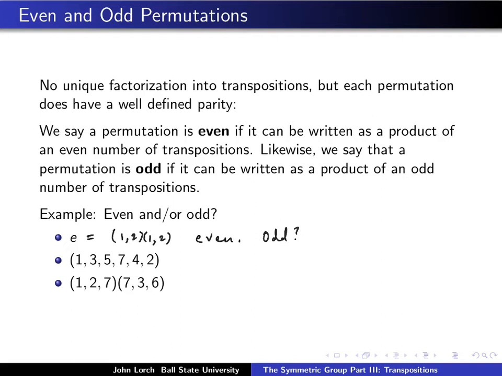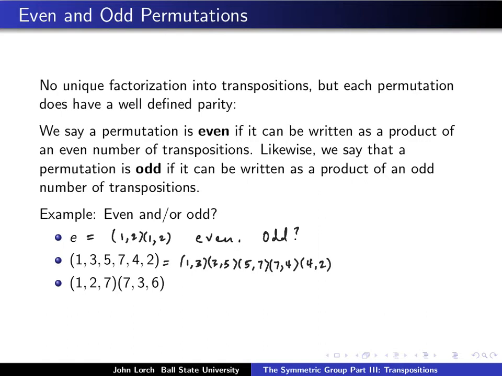Okay, now we have this giant cycle, and remember that according to the last slide, we can write this as (1 3)(3 5)(5 7)(7 4) and finally (4 2).